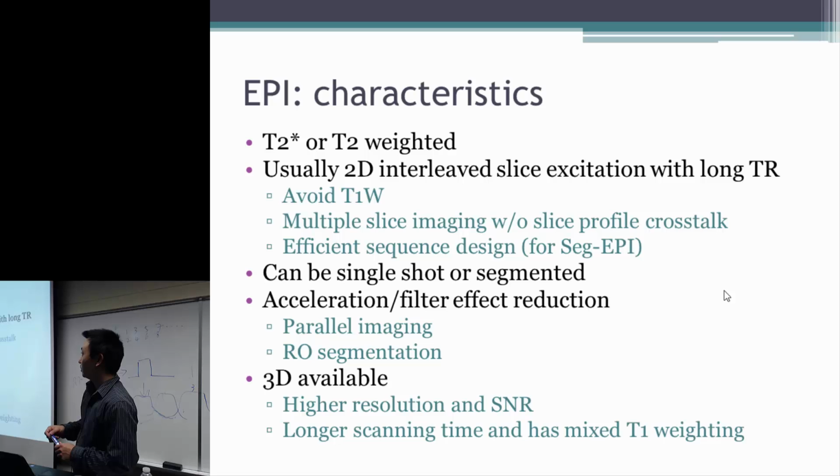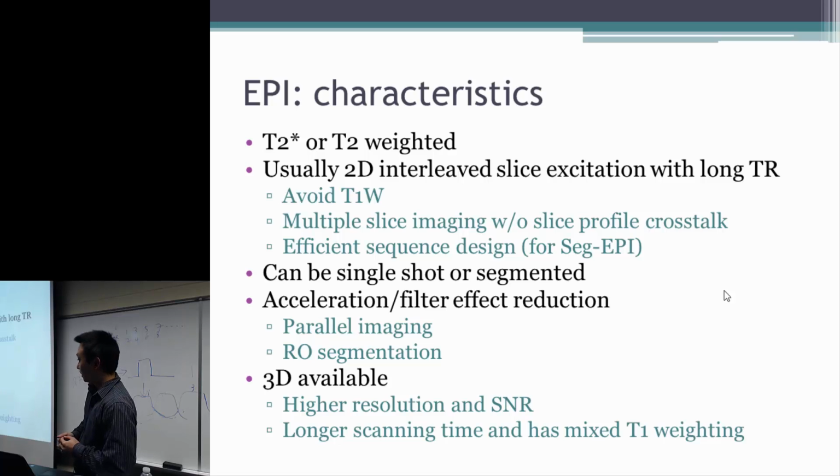Also, most of the time, I think still 90% of EPI applications are done in 2D, because 2D is the most efficient way to do EPI readouts. But sometimes it's also available in 3D.